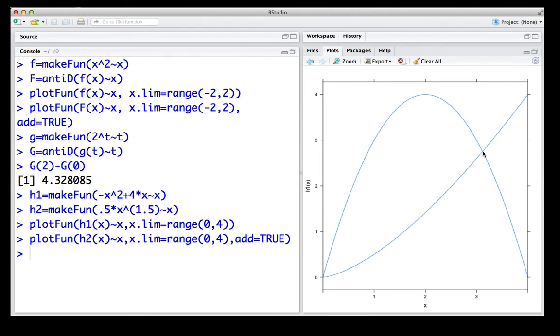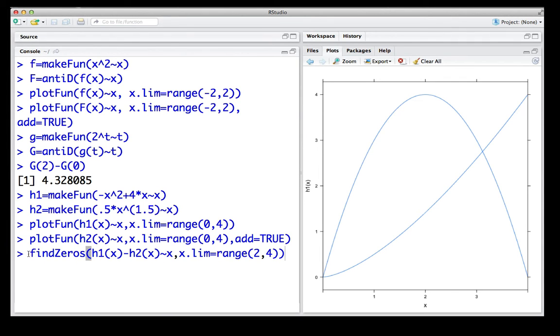This point here we need to do something with R to help us either estimate or find exactly. R's got some nice built-in commands. One of the ways to see where two functions are equal is to subtract them, set them equal to 0, and solve. R can do that in the following way.